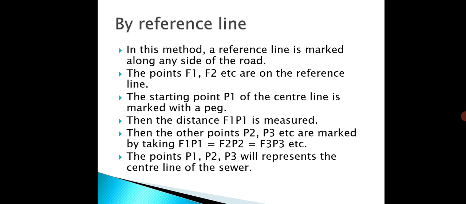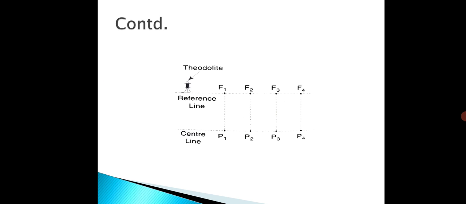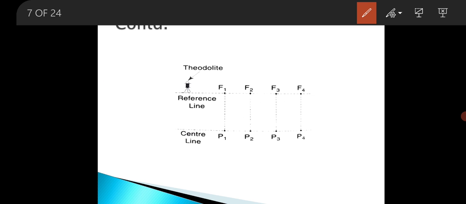By reference line, in this method a reference line is marked along any side of the road. Then the points on the reference line, that is F1, F2, F3, F4, are marked. Then the first point, the starting point of the center line, that is P1, is marked with a peg.